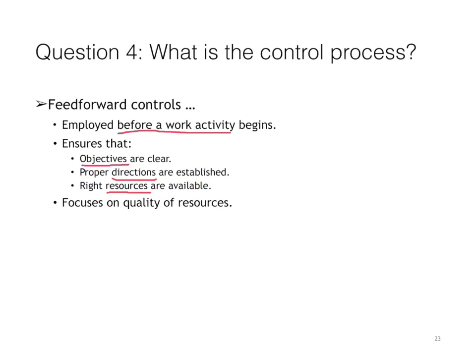To ensure the objective is clear, the direction is right, and the resources are available. Focus on the quality of resources in the input variable, like in process control. That is the feed forward control strategy implemented in the organization too.